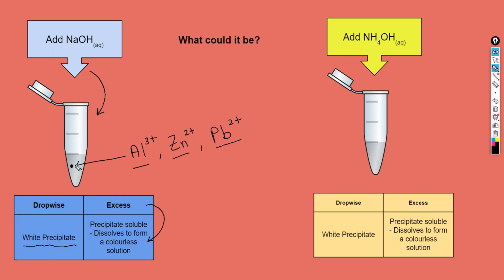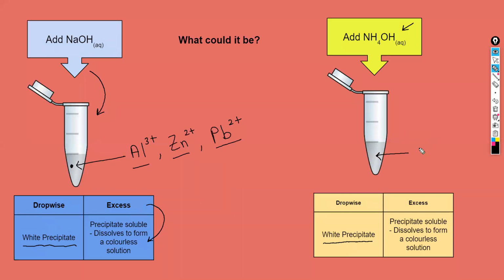So we say, all right, we can't tell the difference between Al, zinc, and lead. So we decide to do another test. We said, all right, we're going to take the same test tube, our next test tube with the same unknown substance in it, and we are going to add ammonium hydroxide. So we add the ammonium hydroxide and we also get a white precipitate, and also the precipitate dissolves to become colorless.